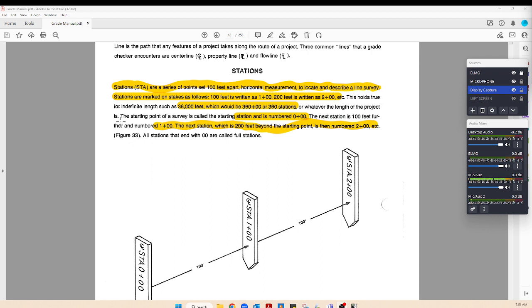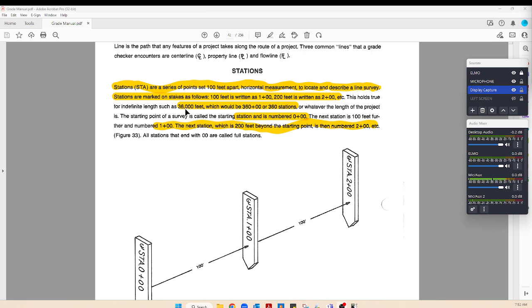This holds true for indefinite lengths such as 38,000 feet, which would be the same as 380 hundreds plus 00. See, here's 1 plus 00. This is 380 hundreds.